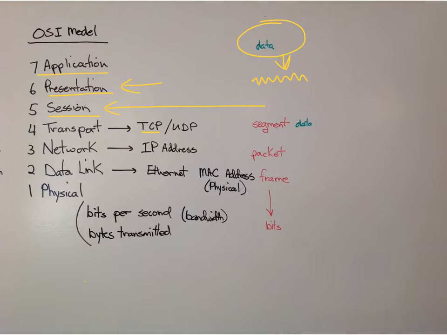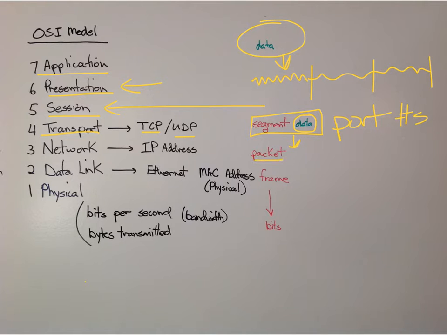Whether it's TCP or UDP at the transport layer, here we take the data and we segment it and encapsulate it with port numbers. Then this information moves down. We segment it, we break it into parts. If the data is huge, we split it into manageable parts.